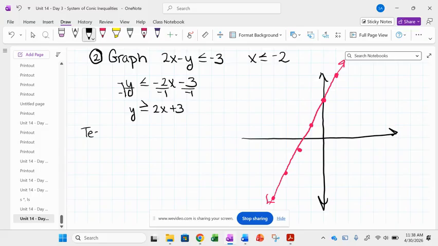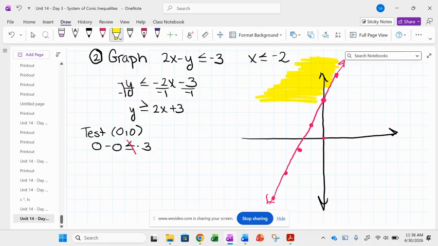So if we're going to test the point (0, 0), we go back to the original and say 0 minus 0 is less than or equal to negative 3. Is 0 less than or equal to negative 3? No. Since that doesn't hold true, am I going to shade where (0, 0) is or on the other side? The other side. So that means I am shading here.